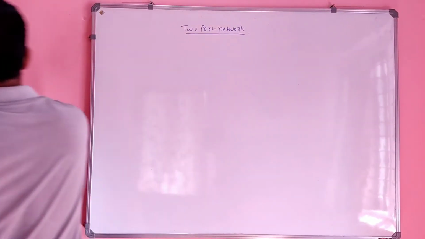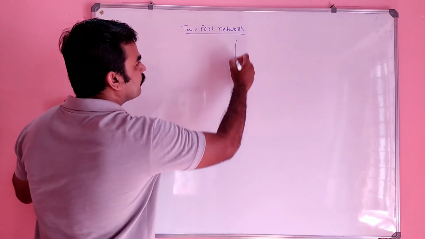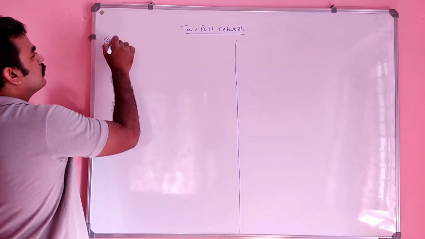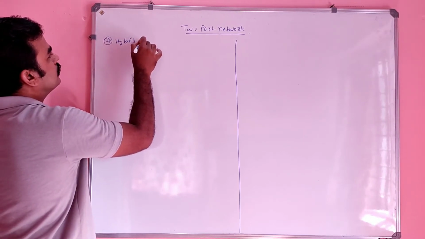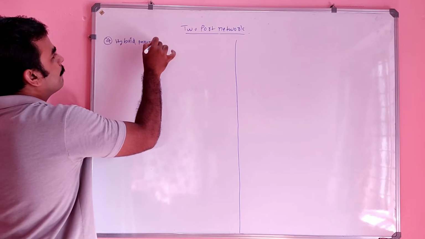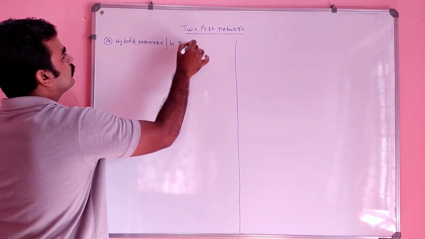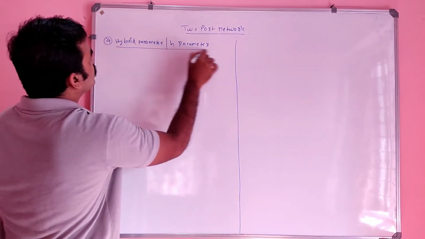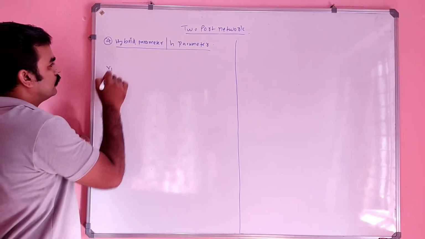Okay. So next is, I think, 4, right? Hybrid parameter, or H parameter, simply. Hybrid parameter or H parameter.